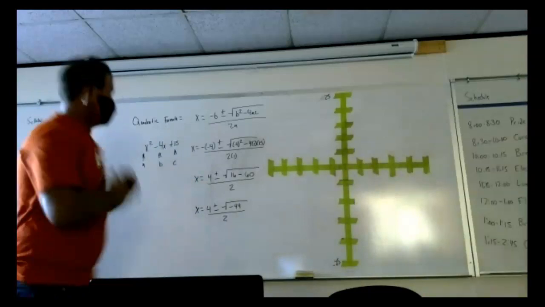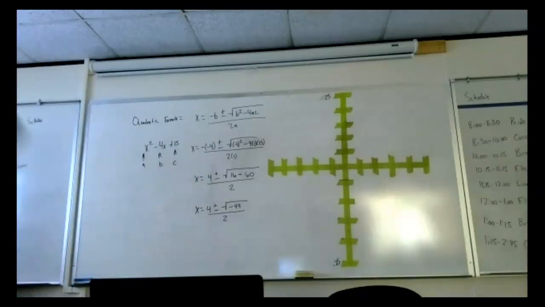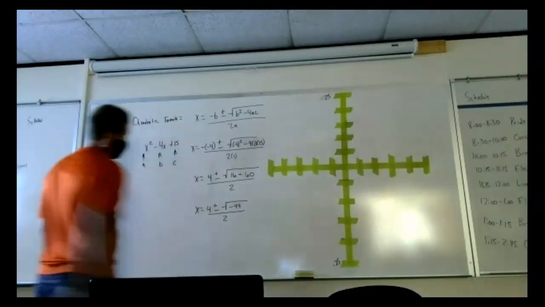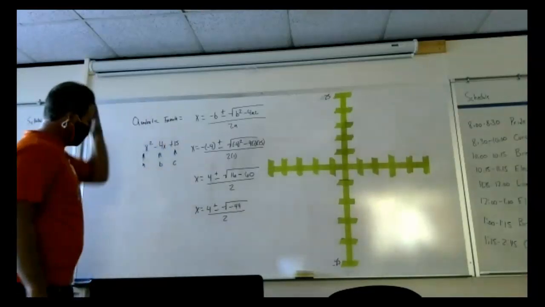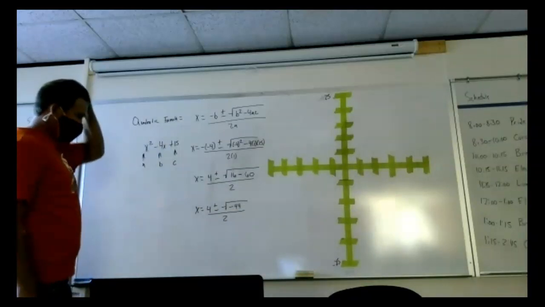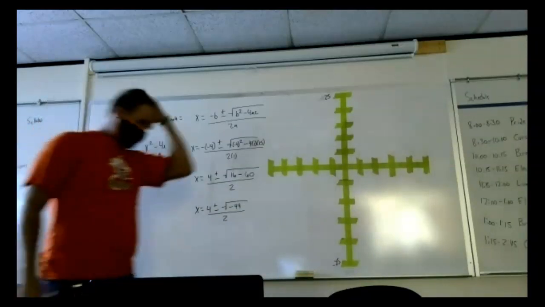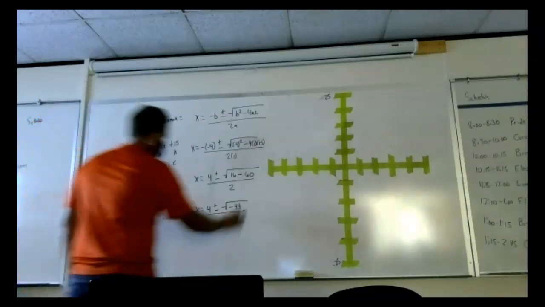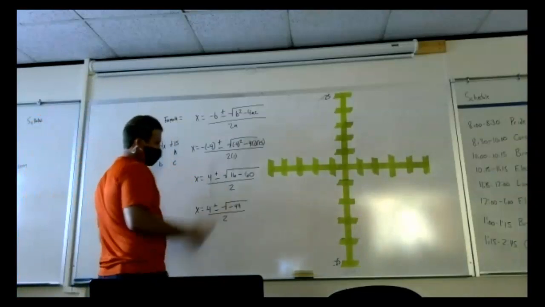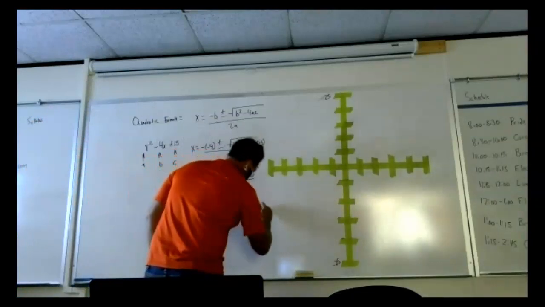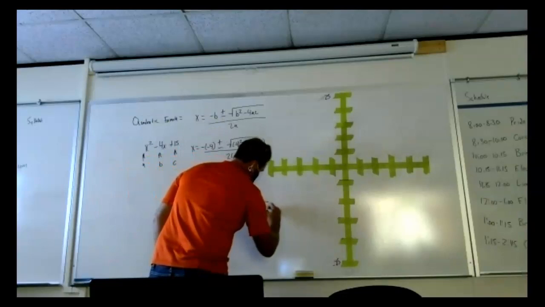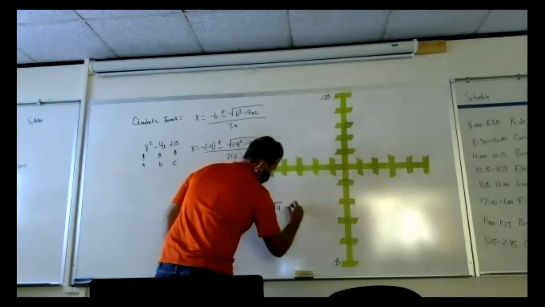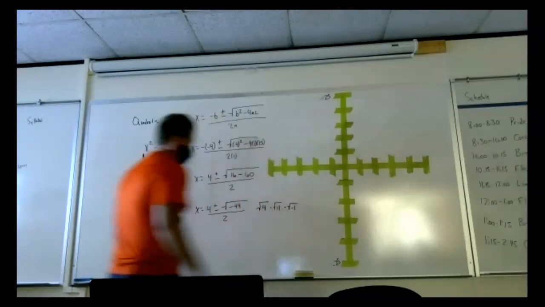Okay, here a problem's probably jumping out at you, and it's that we have the square root of a negative 44. If you remember from your properties of radicals that we covered in Algebra 2, this negative 44 can be split into the square root of 4 times the square root of 11 times the square root of negative 1.